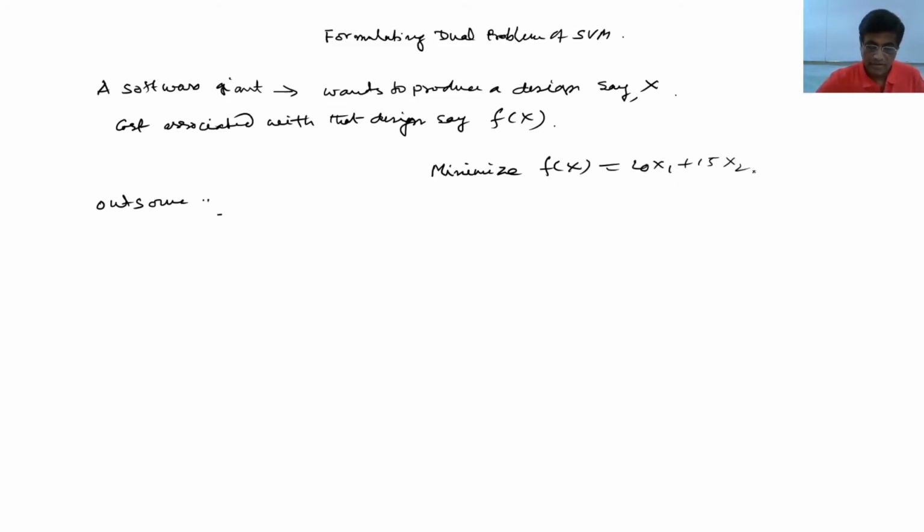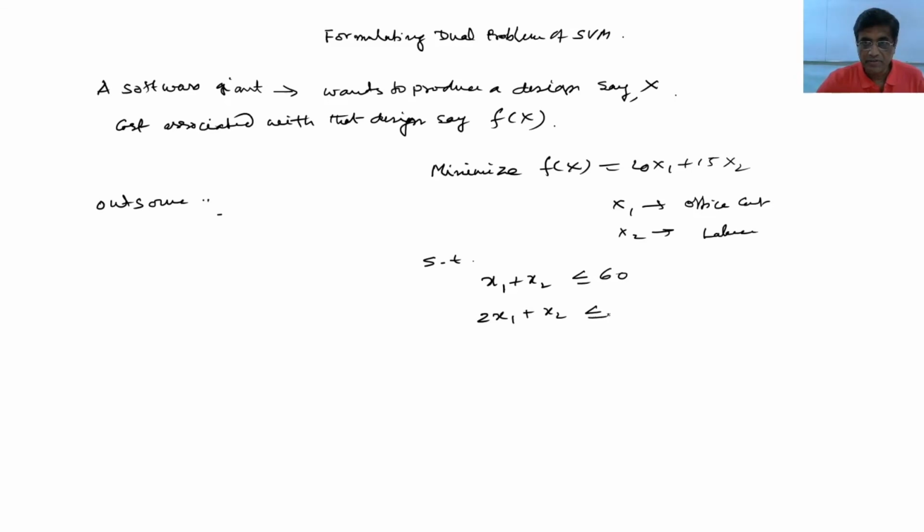So x is actually x1, maybe the resource or office cost, and x2 the labor or human resource. Okay, so this I need to minimize subject to some constraint, say x1 plus x2 less than 60. There could be a number of constraints actually, such as 160, all kinds. This is the office cost.